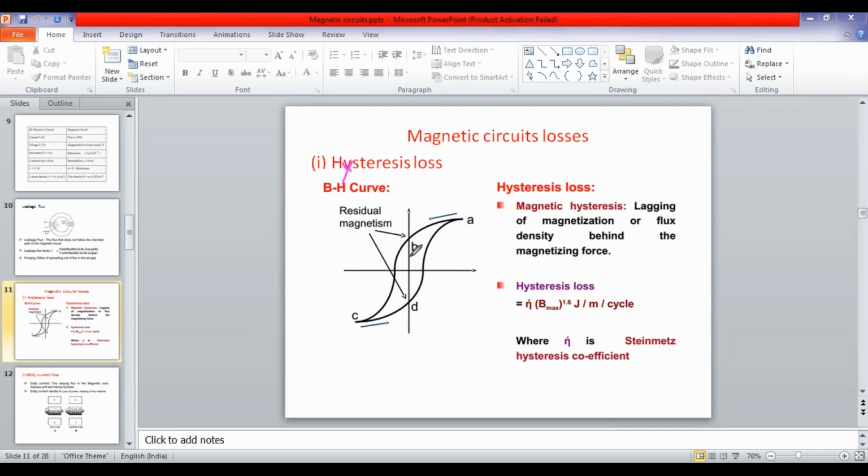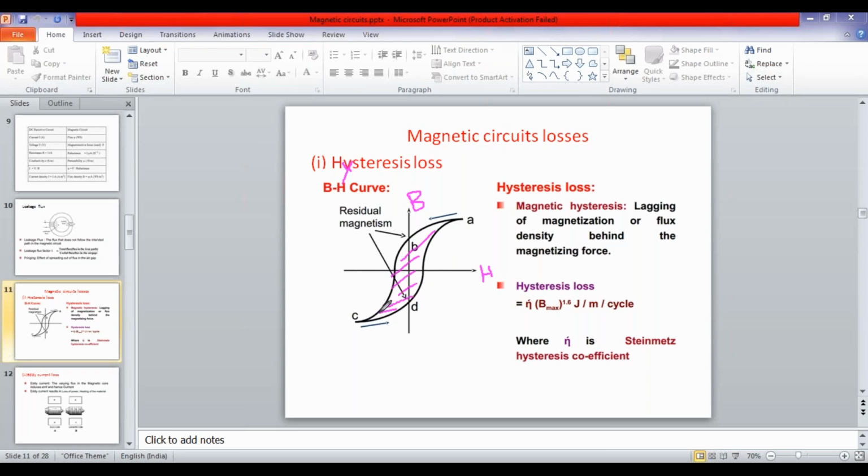This is the magnetic core, as you know. Whenever some current is passing through that core, magnetic flux is set up in the core. The magnetism takes place in the form of this loop curve, which is called a hysteresis loop.